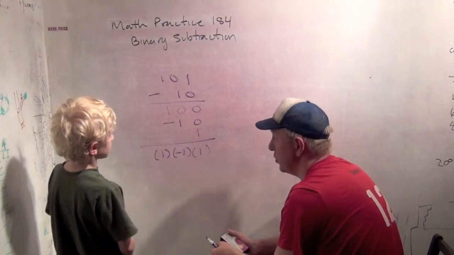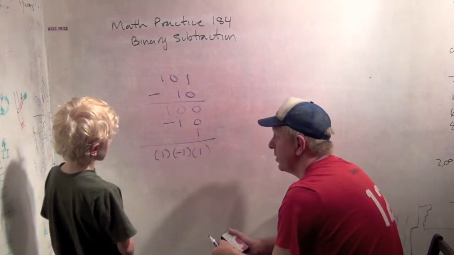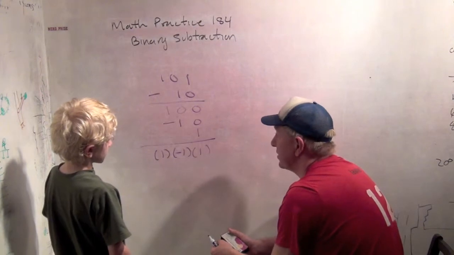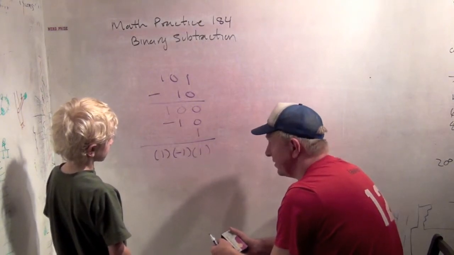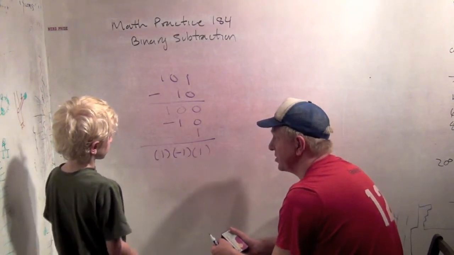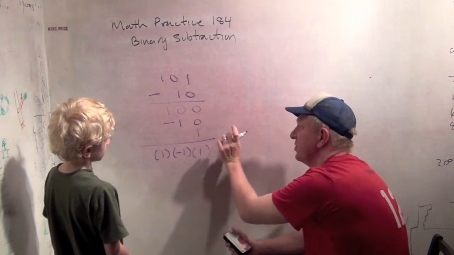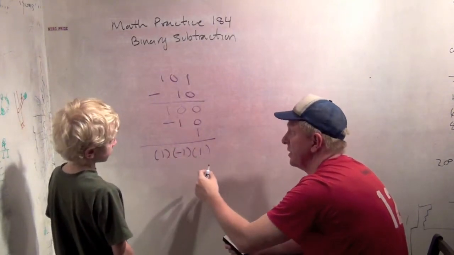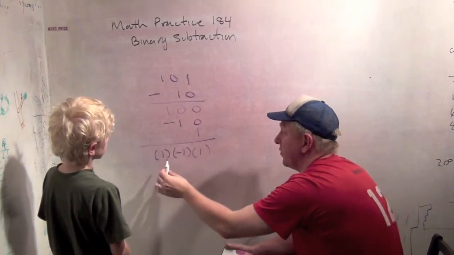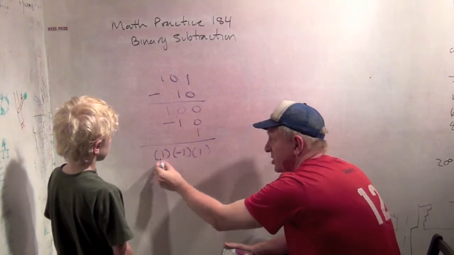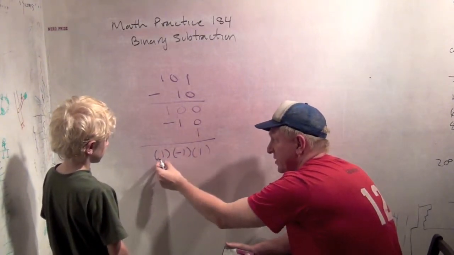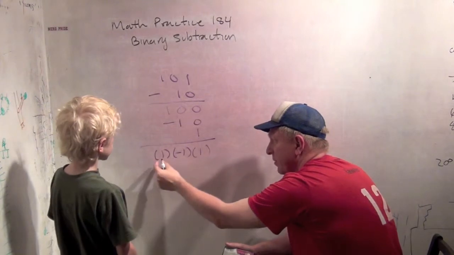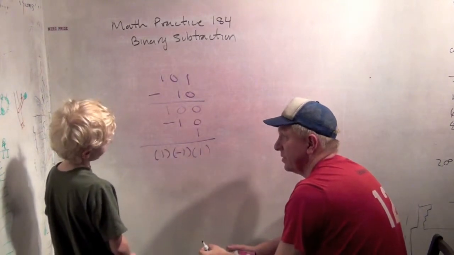No. So what we do in subtraction is the opposite of what we did in addition. Remember in addition when we had a 2, we turned it into a 10? Okay. So here we have a 1 over here. So why don't I shift it over here, and when I shift it back, what does a 10 become? Well, it becomes a 2.